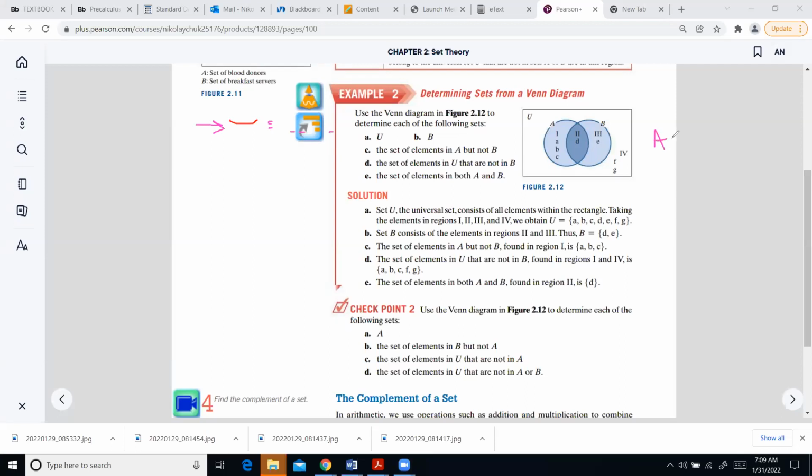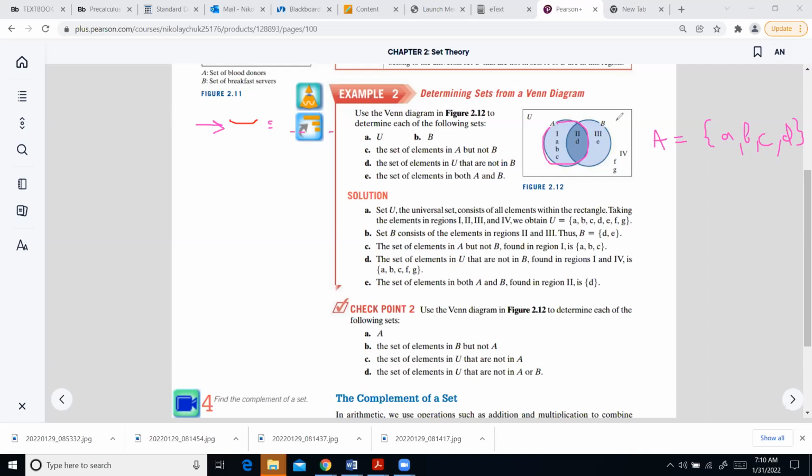So set A, which is up here, is the set that consists of 4 elements, it looks like. It has elements A, B, C, but also D, which is the intersection of sets A and B as well. So there are 4 elements that one should have put in set A.